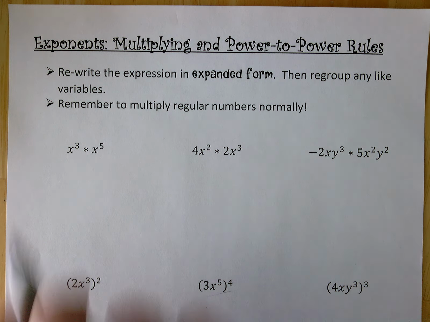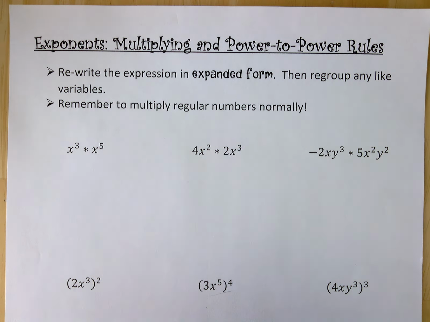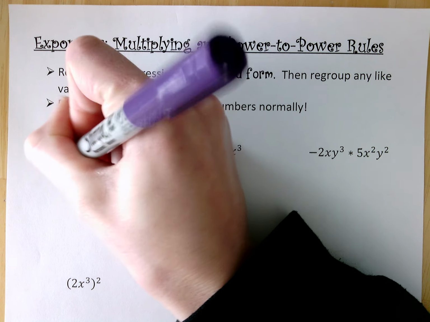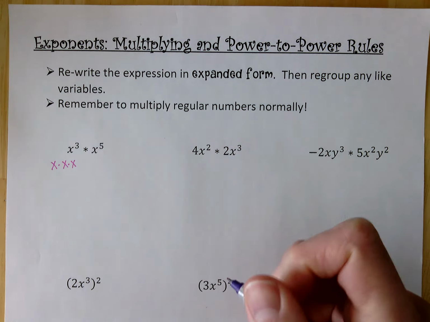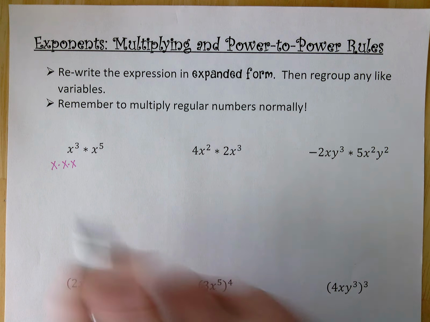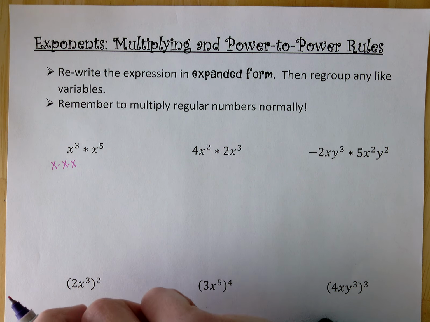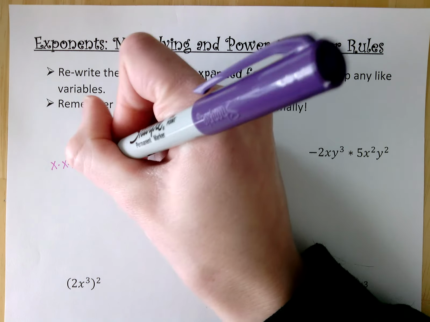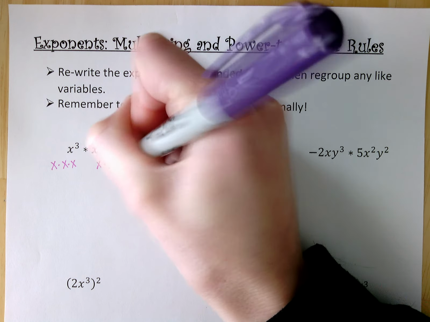So first thing that I'm going to do here is take these and write them out in expanded form. Remember, x to the third means that you're multiplying 3 x's together, and x to the fifth means that I'm multiplying 5 x's together.